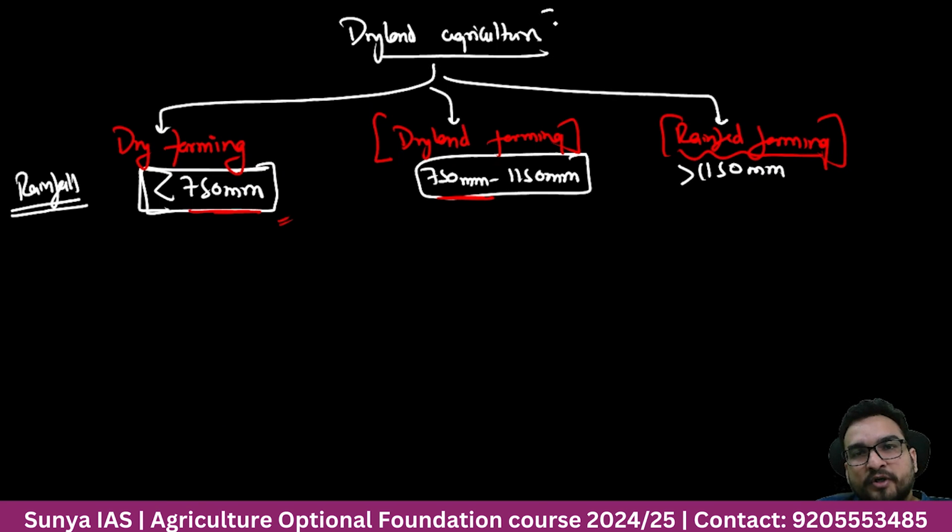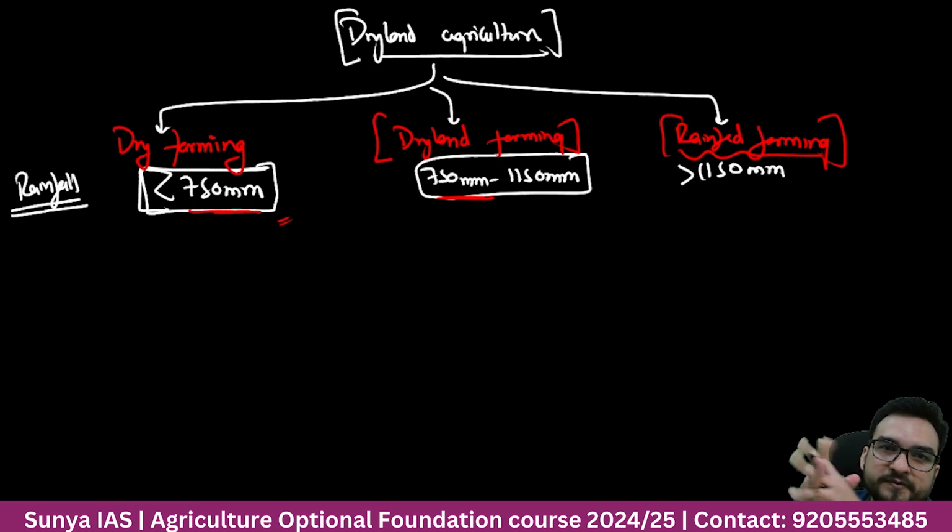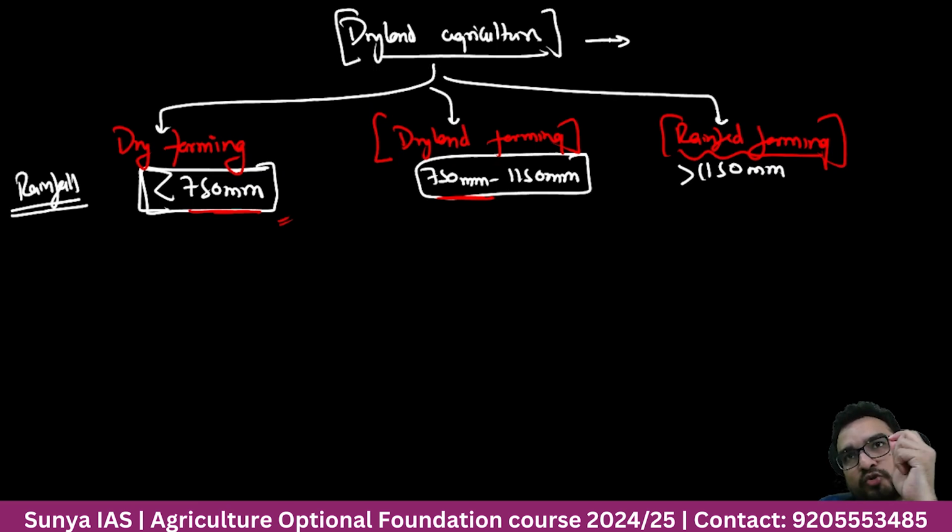Again, I am recalling, dryland agriculture is the agriculture where the cultivation of crops is completely dependent on rainfall. That means there is no source of irrigation and no irrigated water is provided to that field or area. Under dryland agriculture, we are dividing these into three categories. Where we receive less than 750 mm is dry farming, between 750 and 1150 is dryland farming, and greater than 1150 is rain-fed farming.